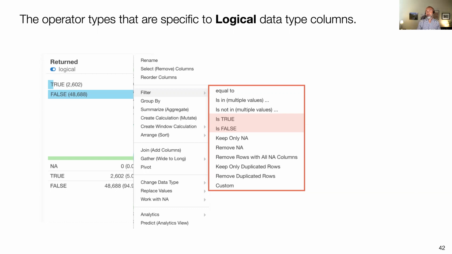Even if you just want to do data visualization, by converting to logical you can do a lot of things, because with true and false values you can start doing calculations such as percent of true and so on. Nonetheless, in the filter context, you will see is true or is false, so you can keep only the true rows or false rows.